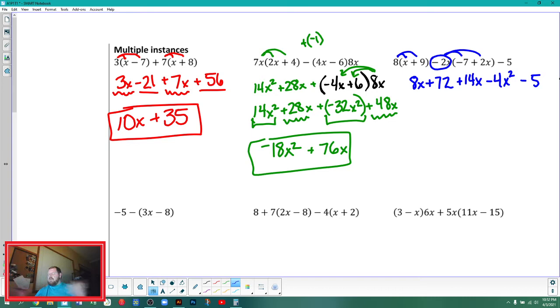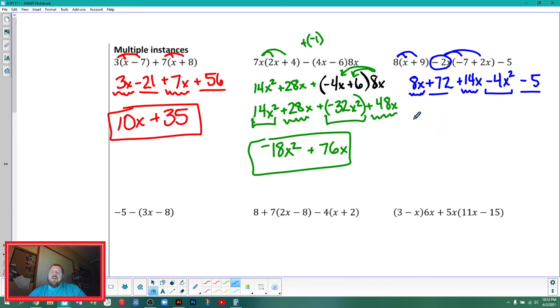Now that I have all my parentheses gone, now I can combine like terms. I cannot combine like terms if I have parentheses around. So I'll use my squiggle for my x's. I've got one x squared term there, and I've got two number terms, or we also call those constant terms because they don't have a variable, so they're always going to stay the same.